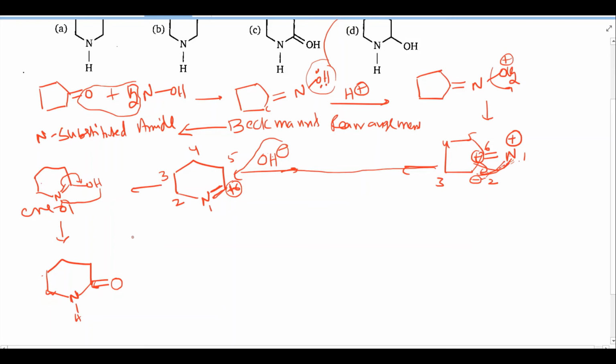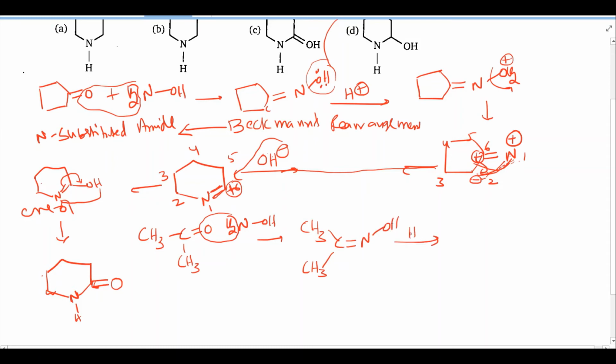So I will tell another mechanism also. CH3, C double bond O, CH3. This is treated with NH2OH, hydroxylamine. Here water is going to eliminate. Then you are going to get an oxime. In the Beckmann's rearrangement, the oxime CH3 double bond NOH is treated with H plus, water eliminating, then CH3 double bond N plus.